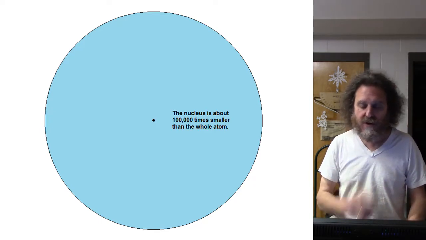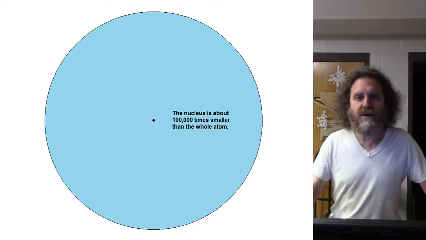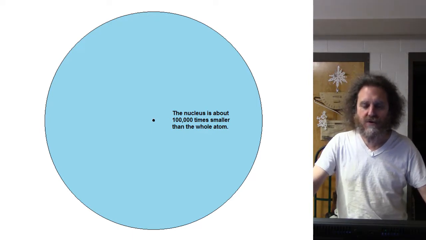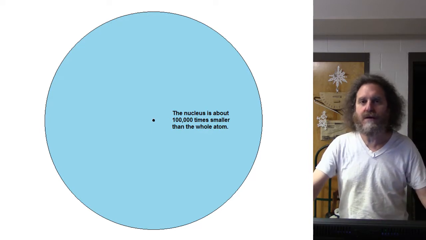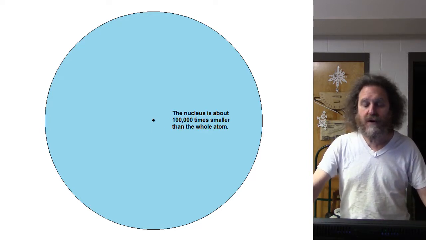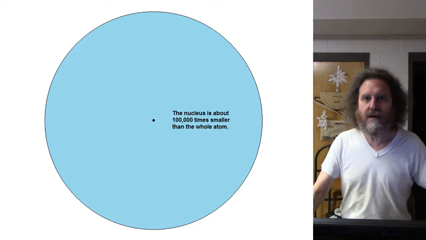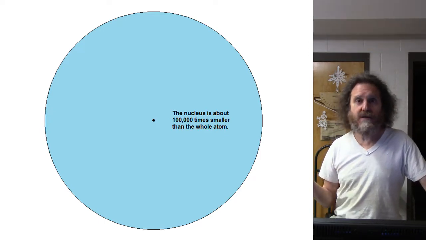So in this depiction of an atom, the nucleus is about 100,000 times smaller in diameter than the entire atom, the part occupied by the electrons. I've actually drawn this dot about 1,000 times too big in diameter to accurately represent the relative size of the nucleus. So the nucleus is extremely tiny in an atom, but most of the weight is there.